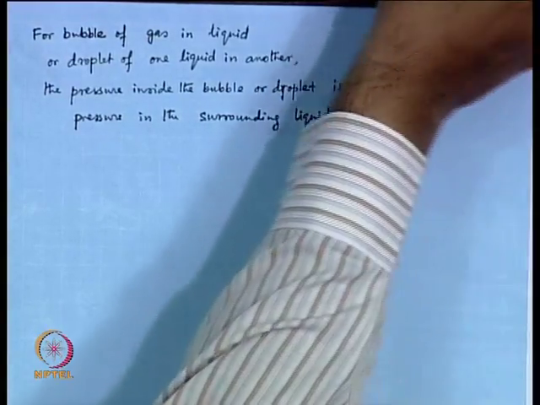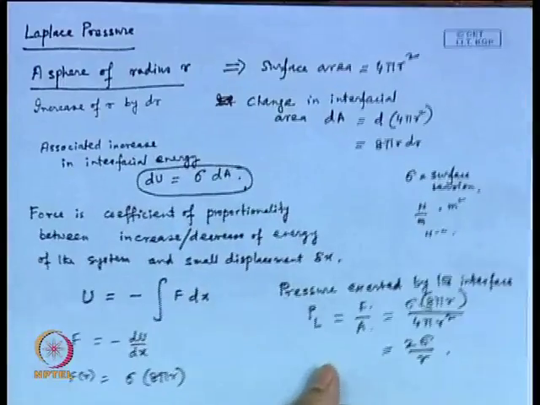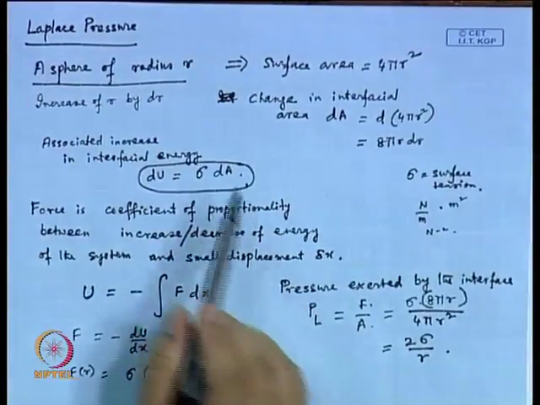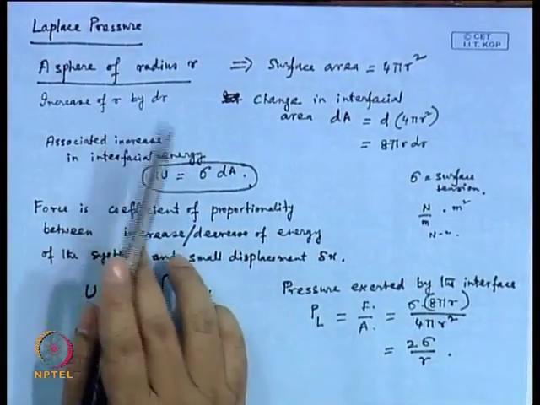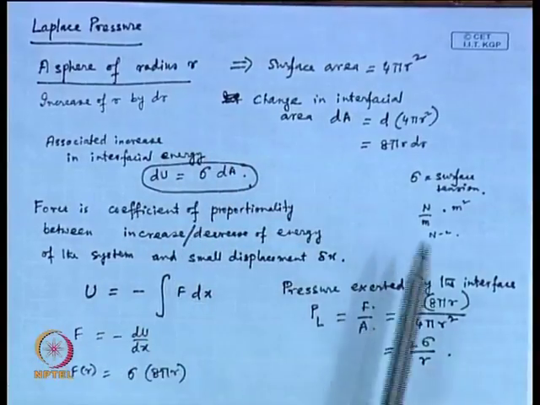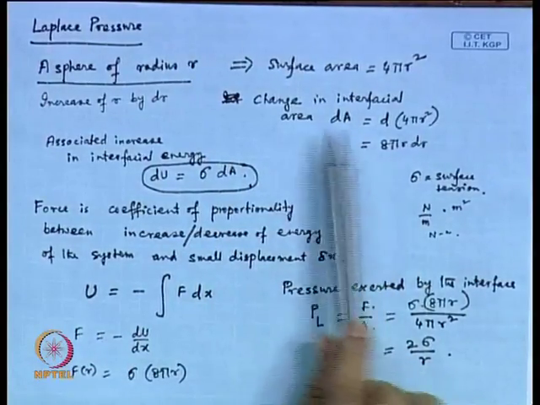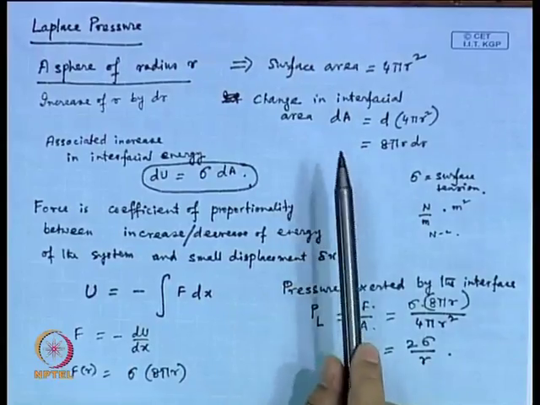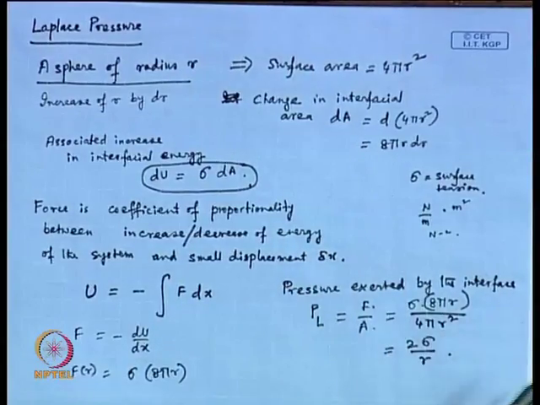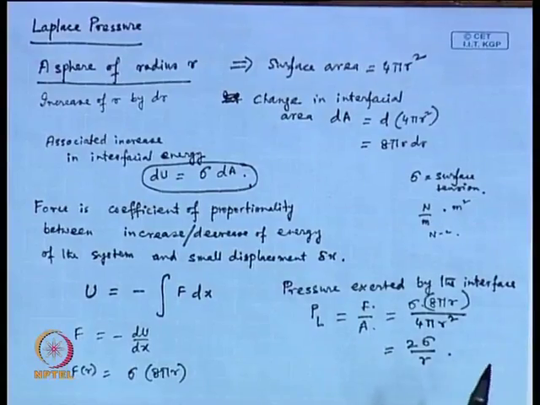So, what are we up to here? We started with a sphere of radius r, and I said that if somebody wants to change the interfacial area by dA, this sphere, a bubble of radius r, has an area of 4 pi r squared, where r is the radius of the bubble.